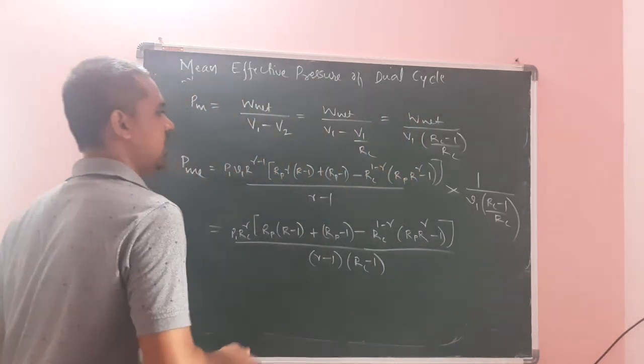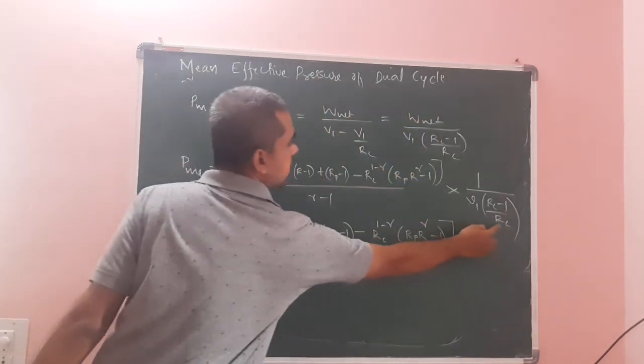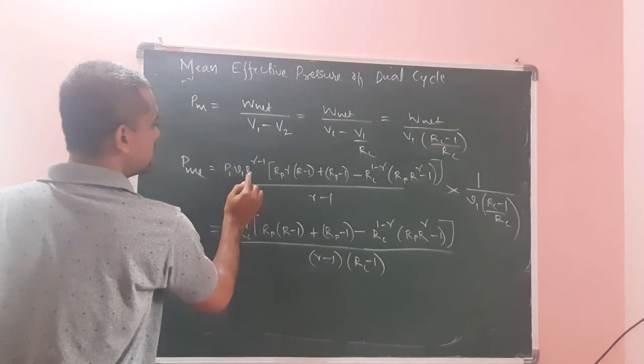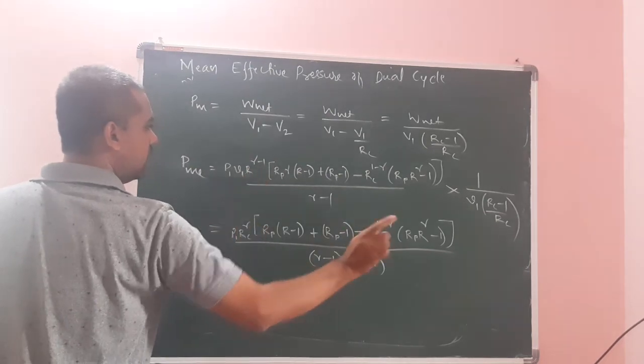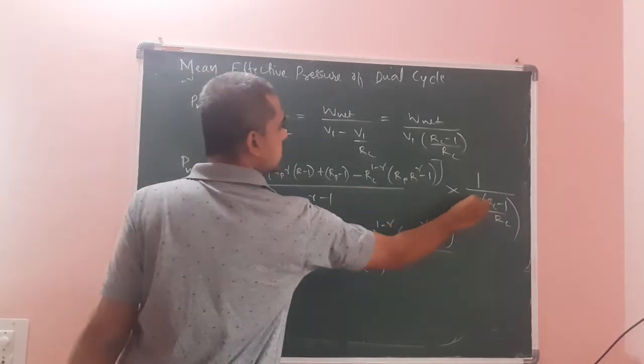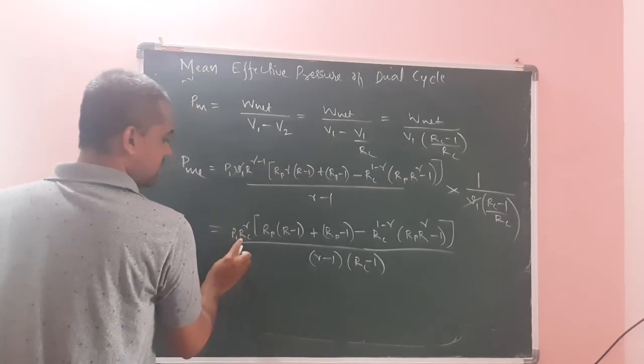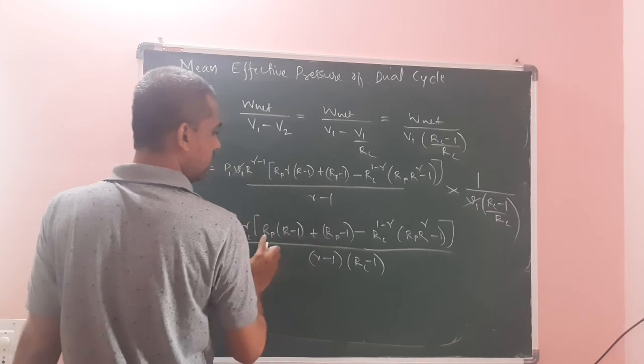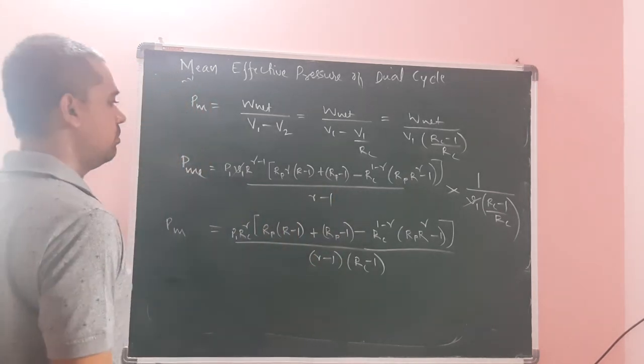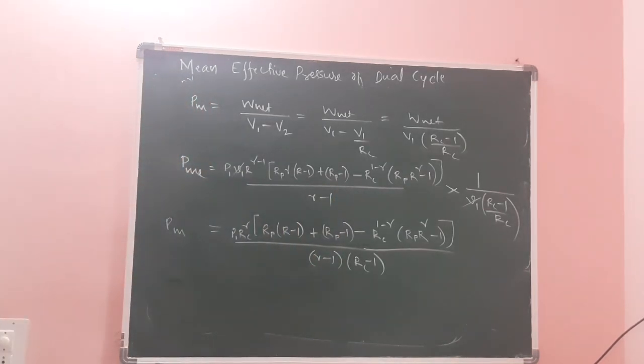If I do this simplification, what happens? This RC will come in the numerator. Therefore, RC raised to gamma minus 1 into RC will cancel, as well as this P1 and P1 will cancel. What will remain? P1 RC raised to gamma into this term. If we simplify, this term will remain.